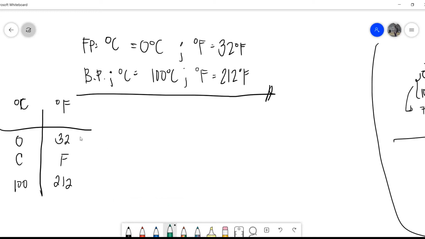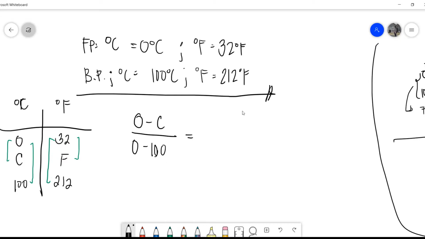Interpolating the values, that will be 0 minus C all over 0 minus 100 equals 32 minus F all over 32 minus 212.